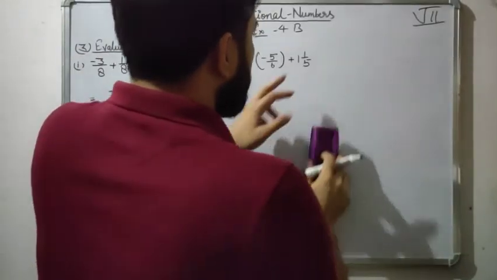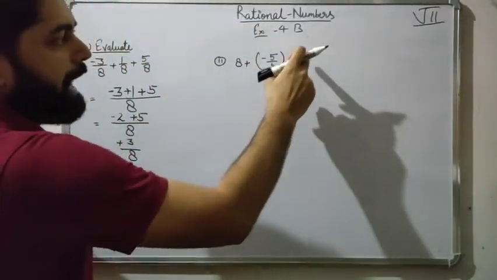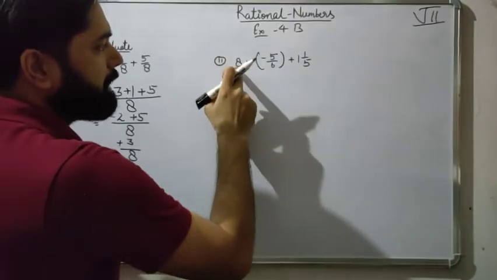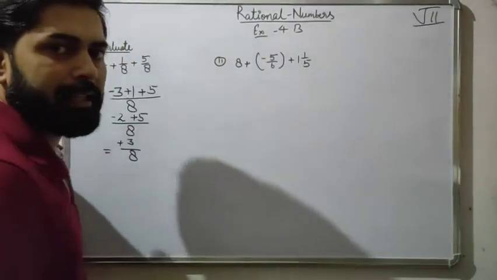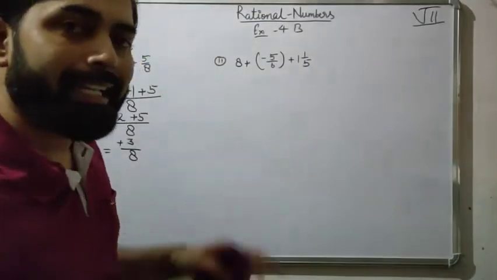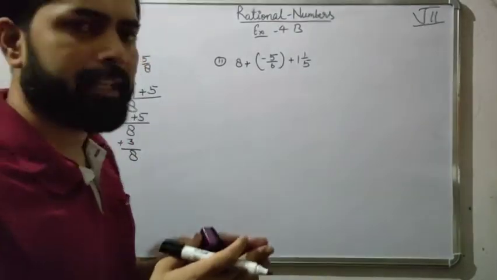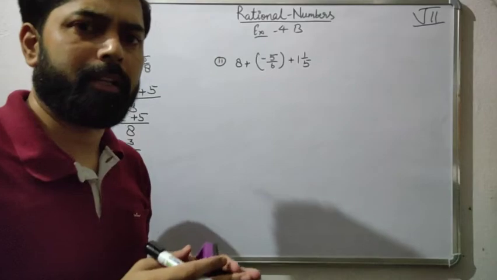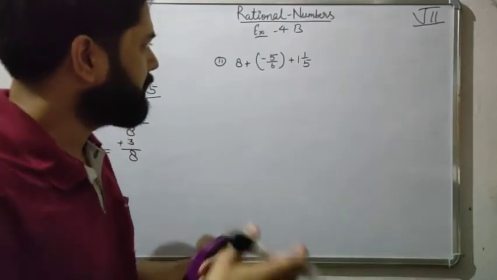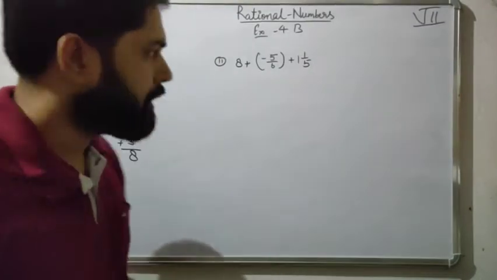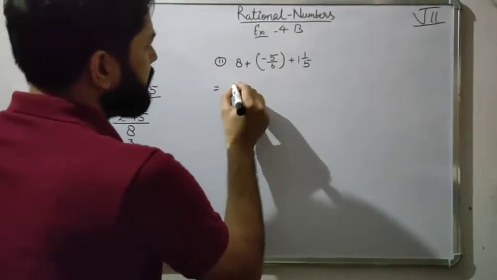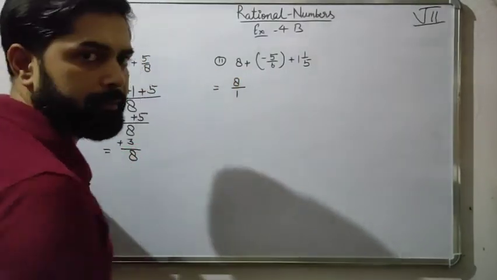This is the mixed fraction 1 and 1 upon 5, and this is written without a denominator. If we find a number anywhere without a denominator, we can write it with denominator 1. So here we can write 8 upon 1.